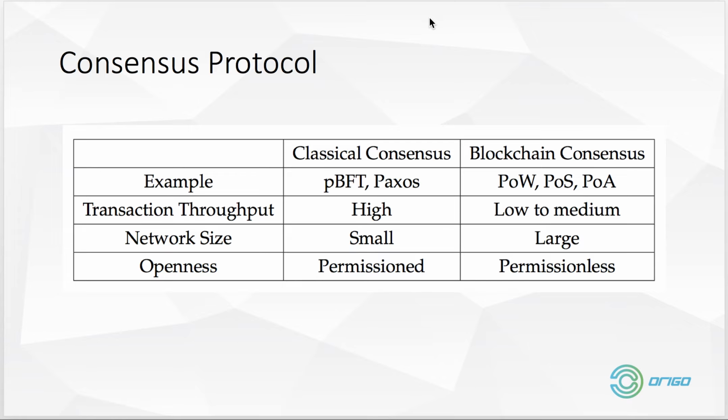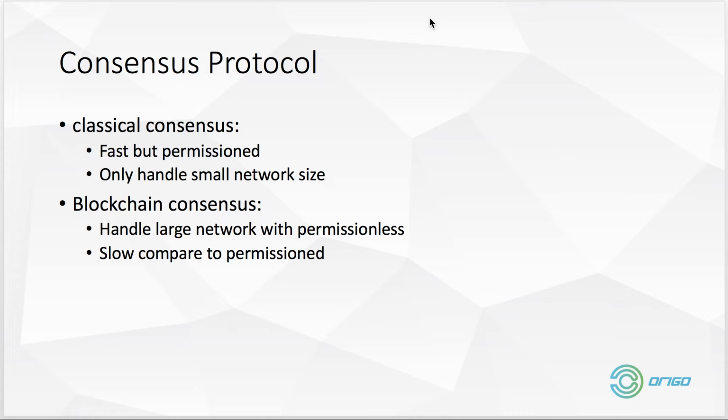For POW, POS, POA, the kind of consensus blockchains normally use, the transaction throughput is lower than the classic consensus. But you know that the classic consensus needs to be permissioned, right? So as an overview, classical consensus is fast, but it's permissioned. It only handles small network sizes.